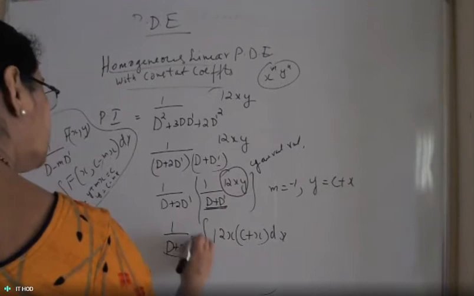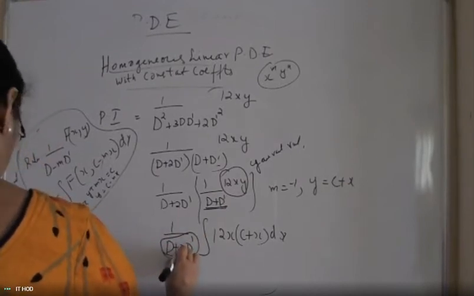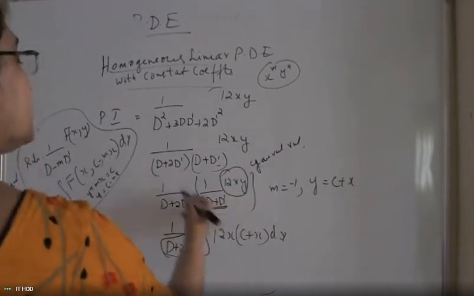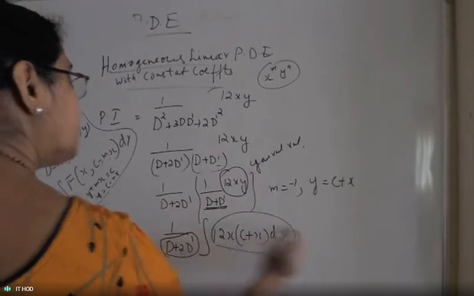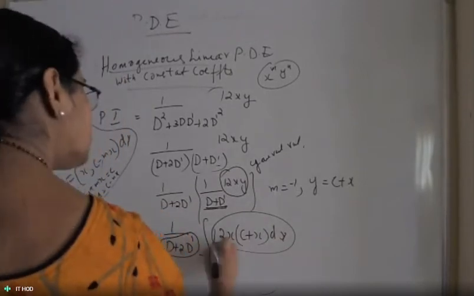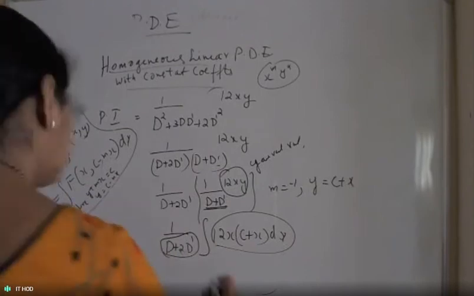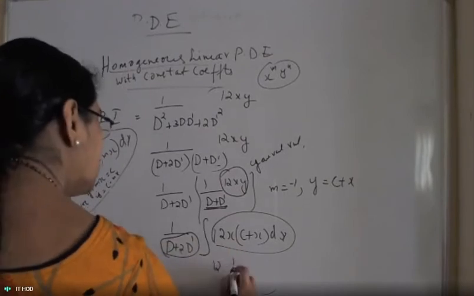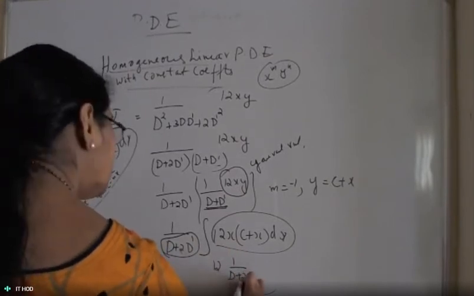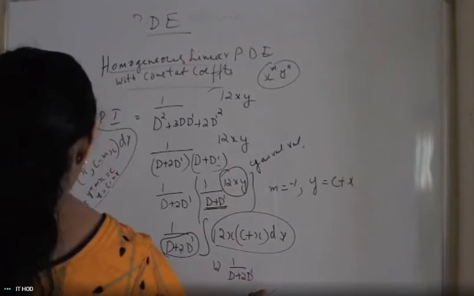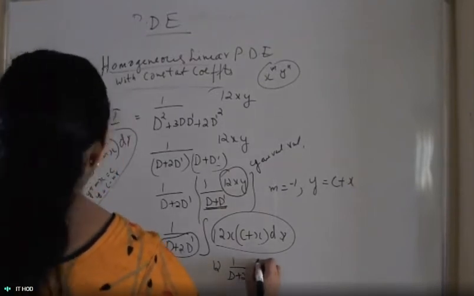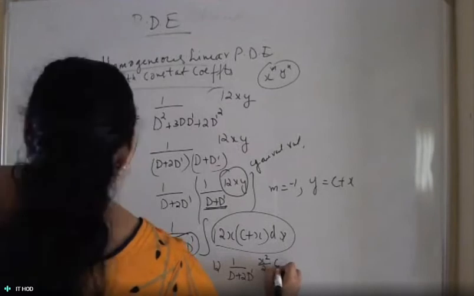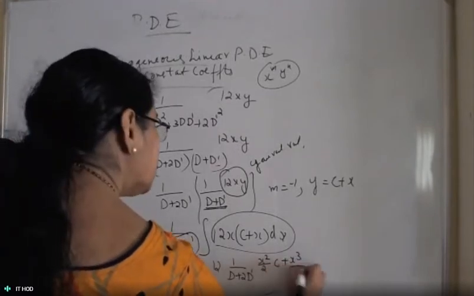Again, you have to use the same procedure for this one, the same step. Once you have this, the new f of x, y will be this. Let me write that also. The answer will be 12, which I am taking outside, into 1 by (D plus 2D dash), and the integral gives x squared by 2 into c plus x cubed by 3.